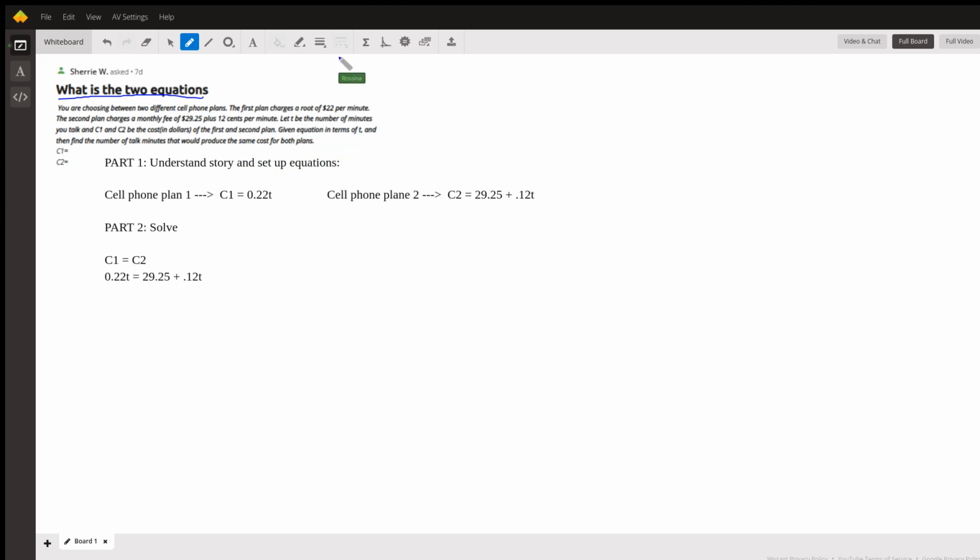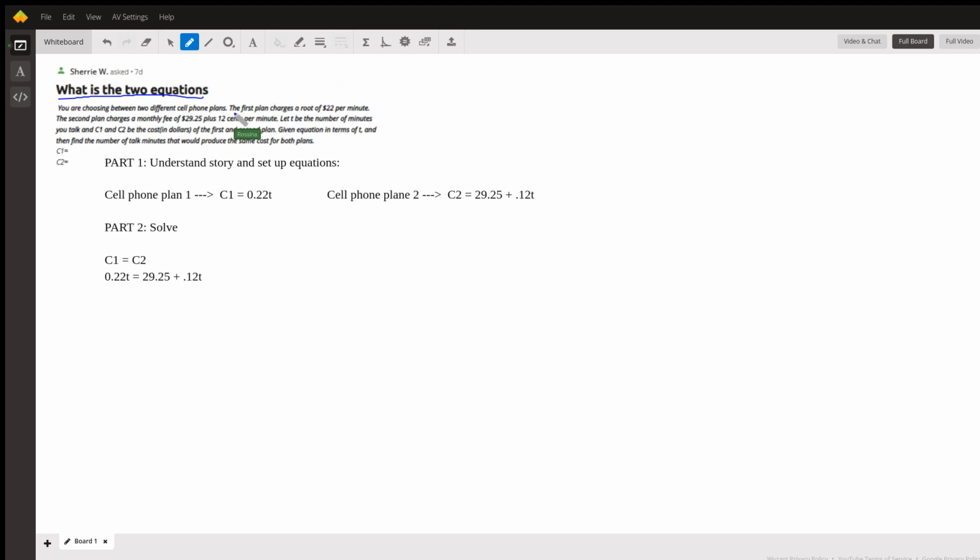Wow, what a mouthful. And I can understand why that can be overwhelming, but let's break it down. When you're approaching word problems, I always advise my students to imagine they are in the story. It helps you understand things better. It's a weird thing, I don't know why, but whenever we imagine we're in this position in this story, it seems to just help us get what's going on a little bit better. So let's say you are trying to pick between two different phone plans or understand what the costs are associated with them.